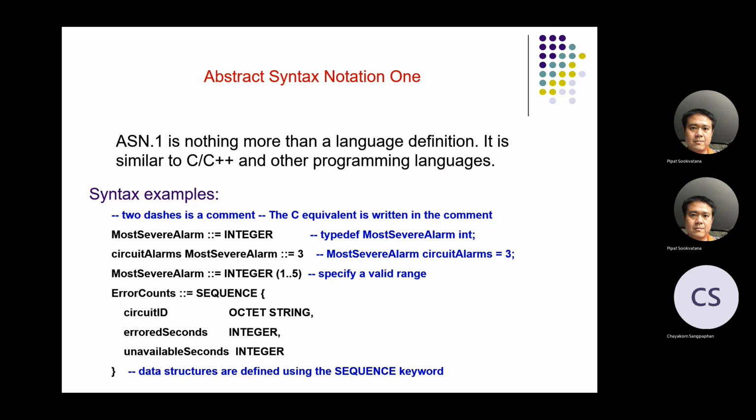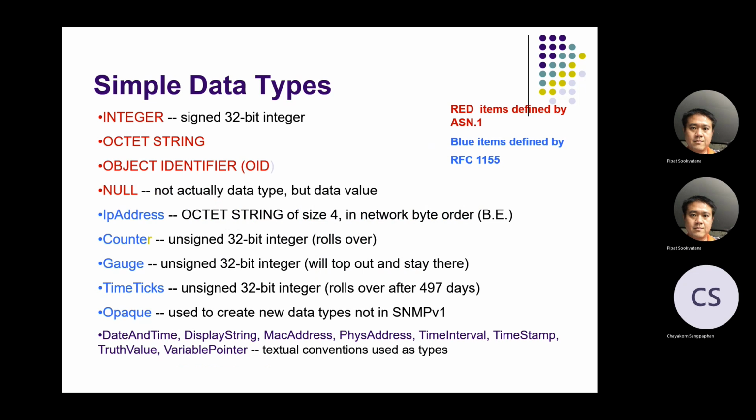Okay, this one is an example. So now have a look at the data types. We have the integer, which is 32-bit, and in version 3 we use 64-bit already. We have octet string, we have object ID. This is important because when we design the data structure, we have to define the object ID.